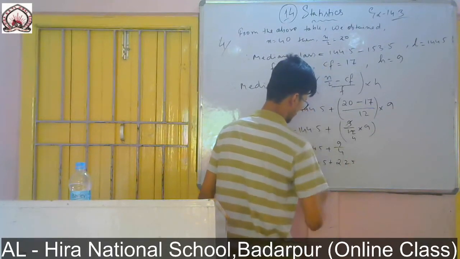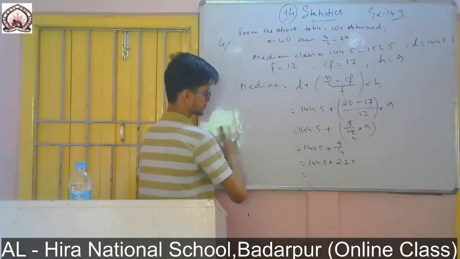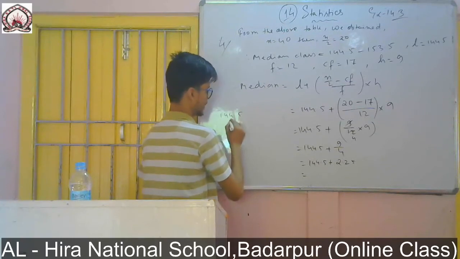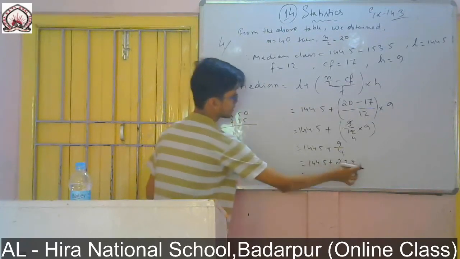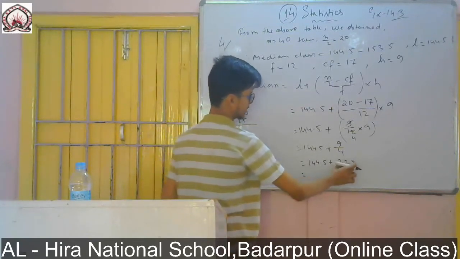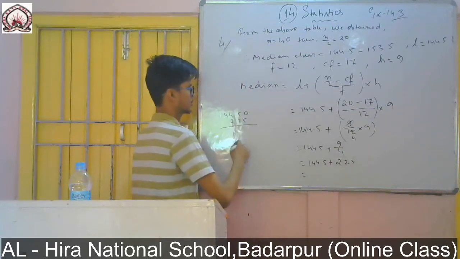So let me add this: 144.5 and 2.25. Don't add it like 5 plus 5 is 10, or like that, that is wrong. This is the actual original way.